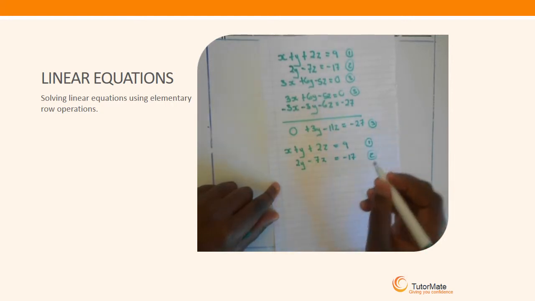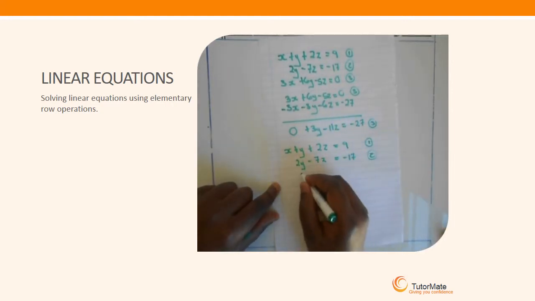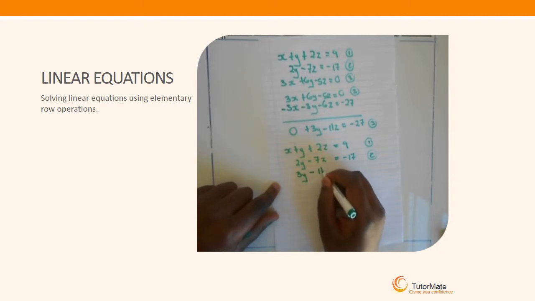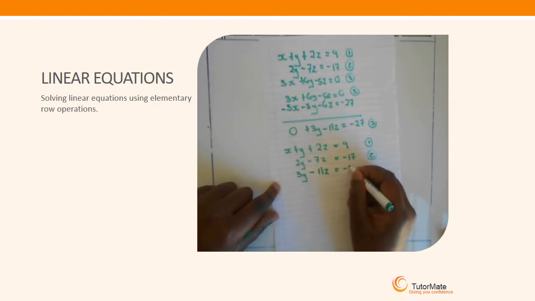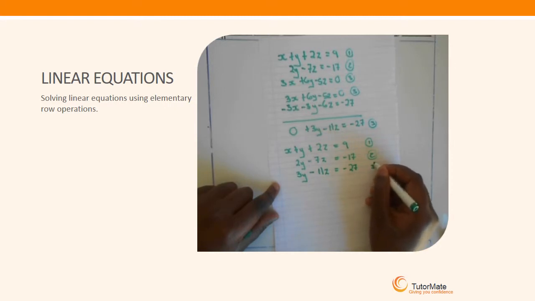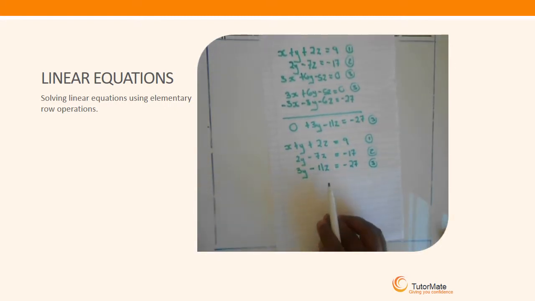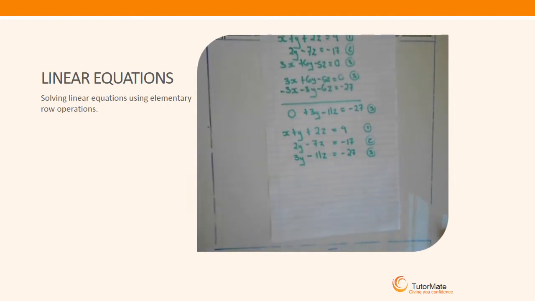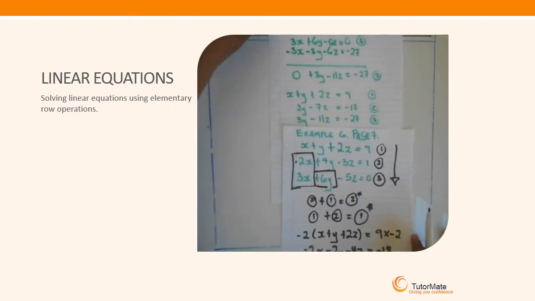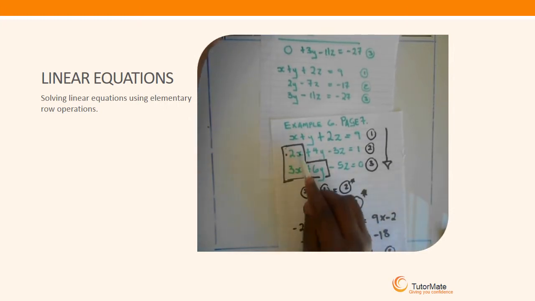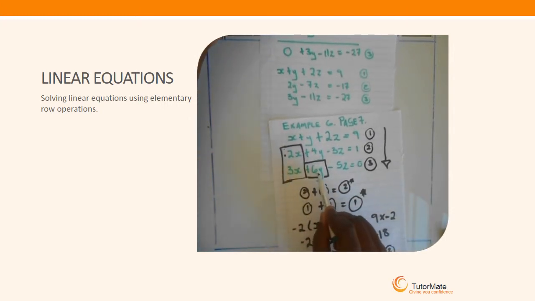Then your third equation is 3y minus 11z is equals to minus 27. So you've successfully achieved your first objective, which was eliminating the x's.